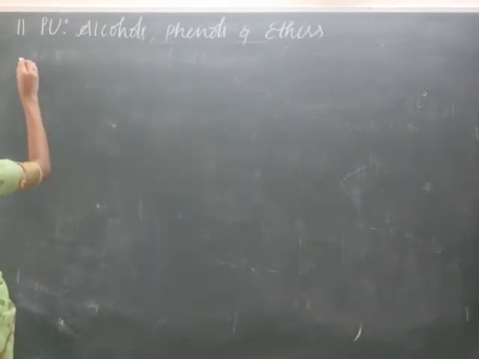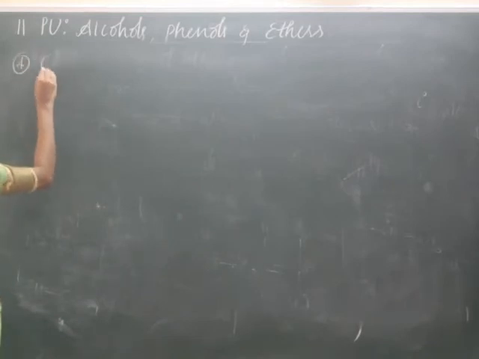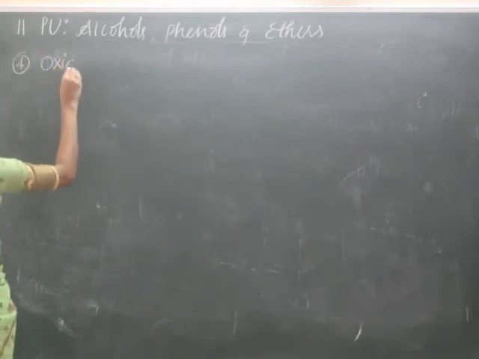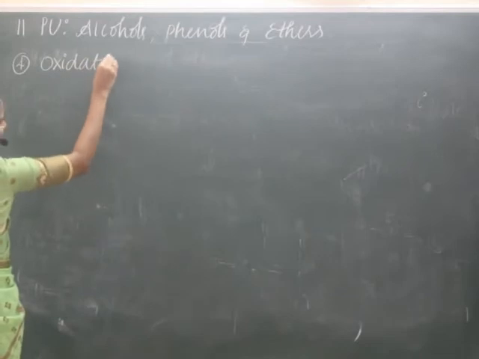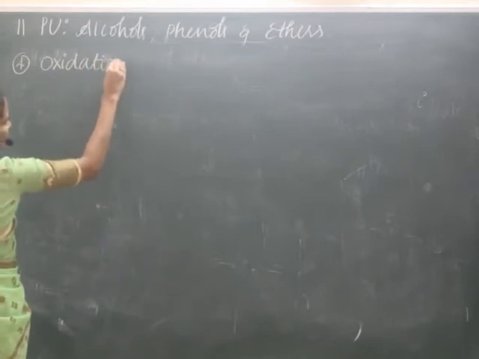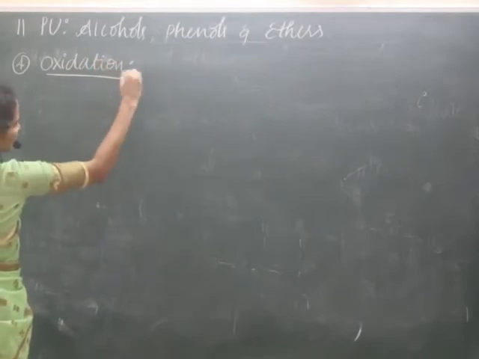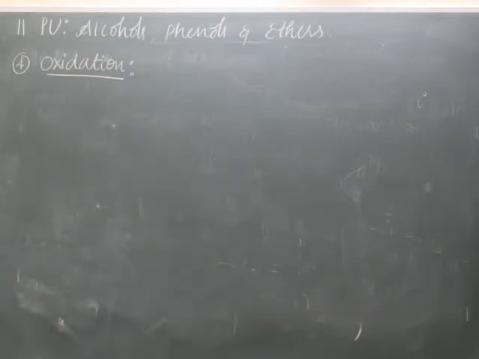Now in reactions, the fourth one is oxidation. See, oxidation is addition of oxygen and removal of hydrogen, as we know. So in oxidation reaction we are going to remove hydrogen, but in reduction reaction we are going to add hydrogen.